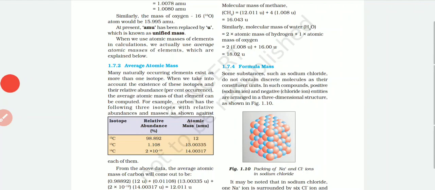Some substances like sodium chloride, magnesium chloride and other salts have a formula, meaning in that compound there are positive ions and negative ions present, and they are arranged in a three-dimensional structure.